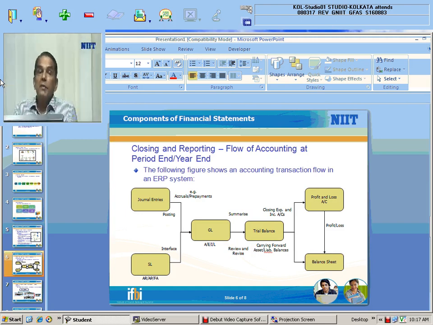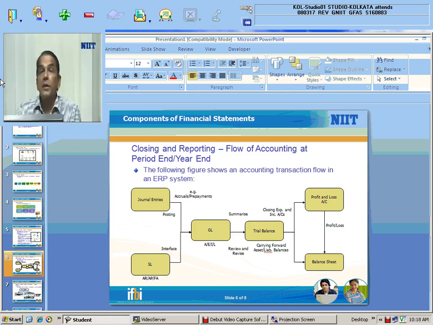And this is the kind of environment you will be coming across when you start working for organizations, whether it's in a bank or some of the other organizations. You will be faced with this kind of environment where entering the transactions in the system is the main job you will be doing, and looking at the various preliminary reports generated by the system, and correction of errors, if any.